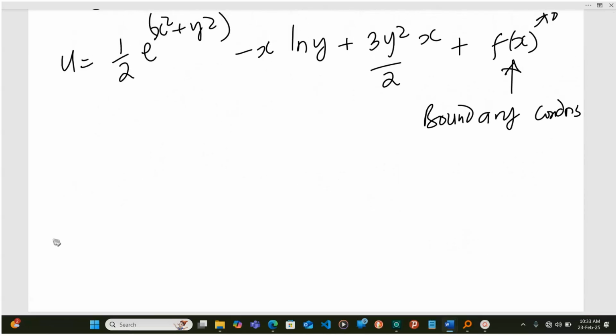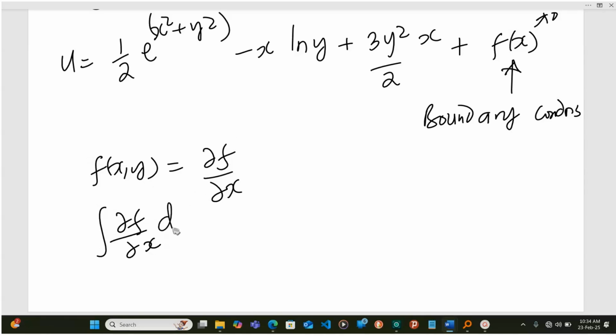So for that matter, if we have f(x, y) equivalent to, for example, ∂f/∂x, and if I integrate this ∂f/∂x with respect to x, since it is a function of x and y, this is going to give us the integral, capital F(x, y).